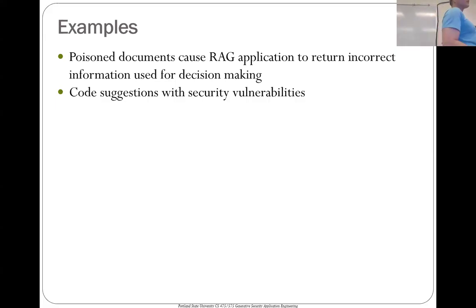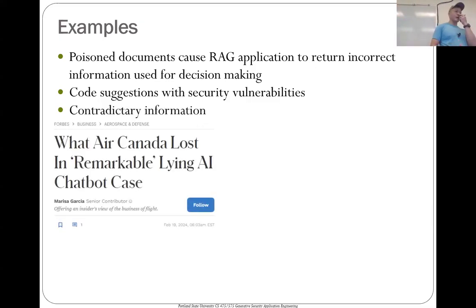It could, and this is happening to all of us programmers, provide you with code suggestions that are insecure. We'll come across this later when we do code generation. Unless you specifically prompt the LLM to produce code that is not vulnerable to specific attacks, it won't produce that code. And then you'll have vulnerable code just floating around everywhere. So that's another attack vector.